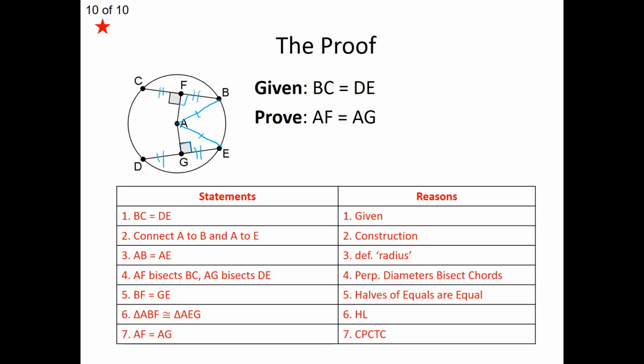Now, this proof with our equal measured chords being equidistant from the center of our circle does have a true converse, which means you're going to see another proof on your homework assignment that involves the converse of this, essentially saying that if there are chords that are equidistant from the center of the circle, we can prove they must be equal in length. And I'll go ahead and give you a clue on that one.